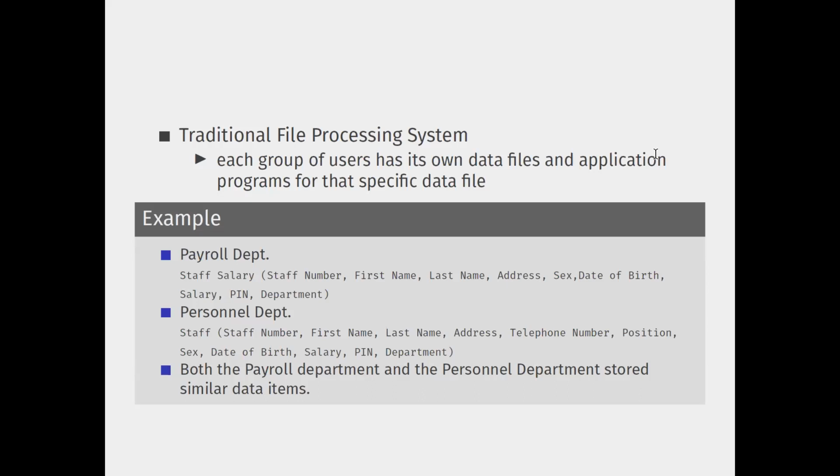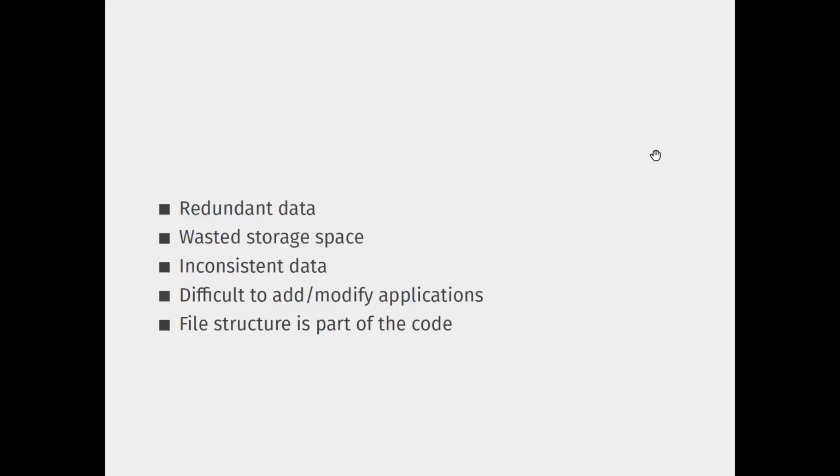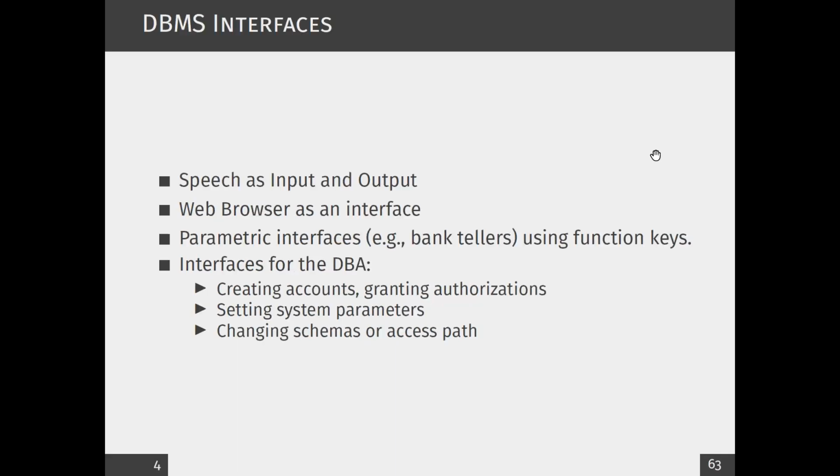That's why nowadays we put everything together. In a traditional file processing system, the data is redundant, a lot of storage is wasted, and it's inconsistent. And especially when data is incorporated with the code itself, it is difficult to modify the application as well. So these are some of the concerns we had.